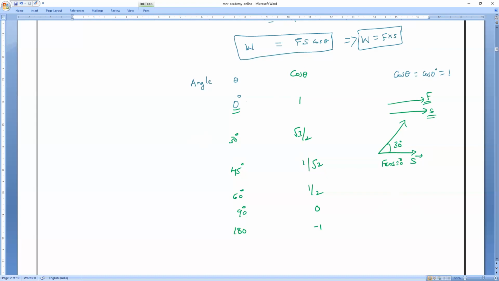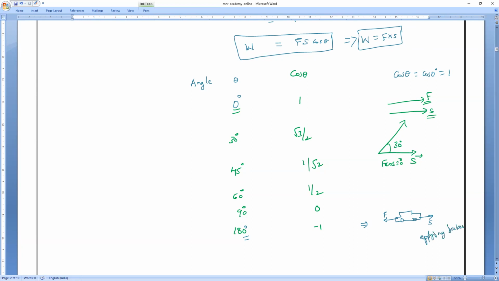So you might understand by this time, cos 180 is minus 1, which in the sense of work means the displacement and applied force are opposite. Applied force is in the backward direction, displacement is in the forward direction, like applying brakes.